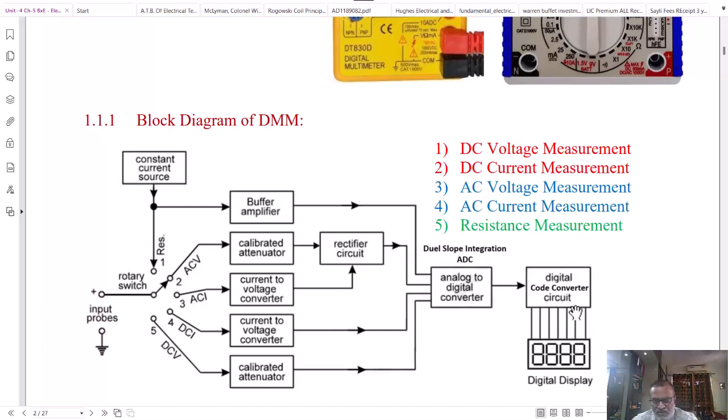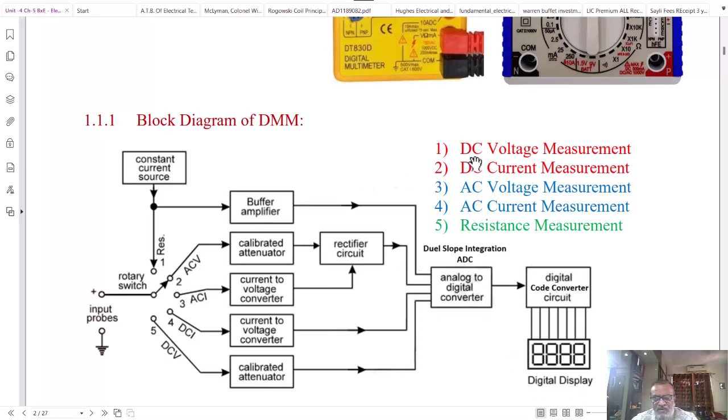Therefore, the digital code converter is basically a 7-segment display code converter. It depends on what type of display you are having. If it is an LCD display, then an appropriate digital code converter can be employed which can drive the LCD module.